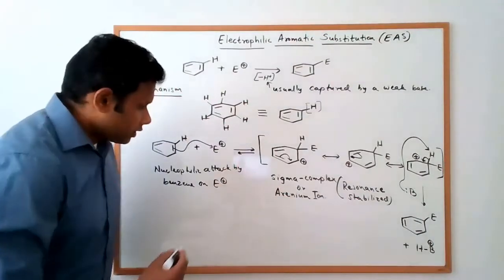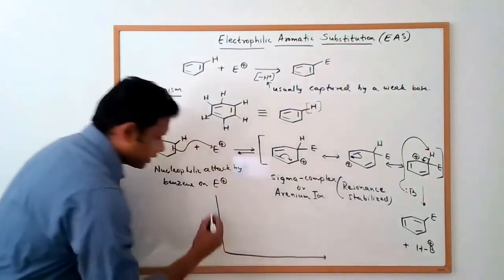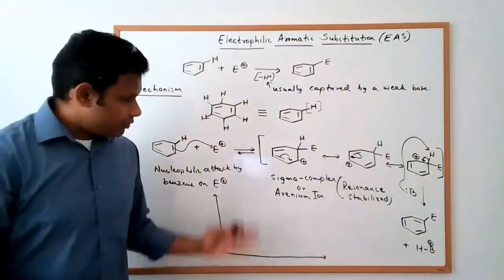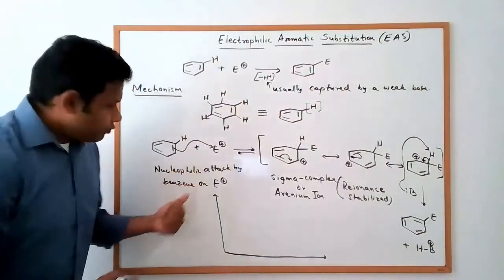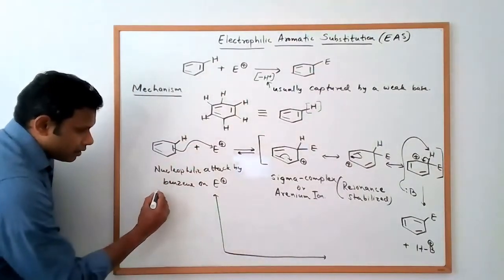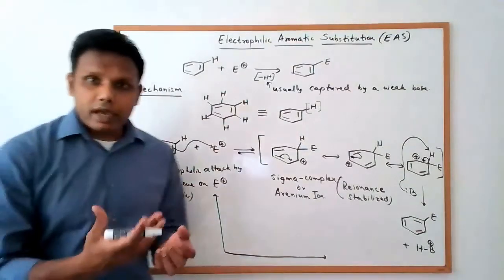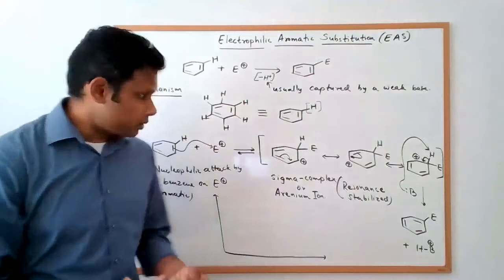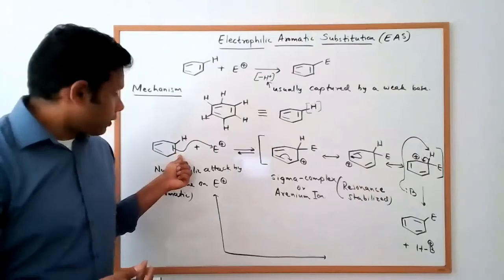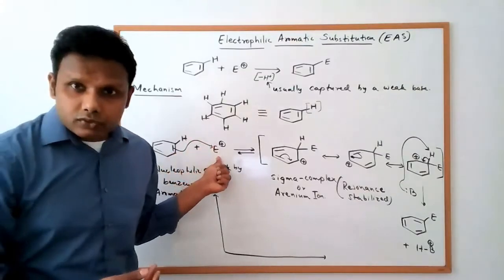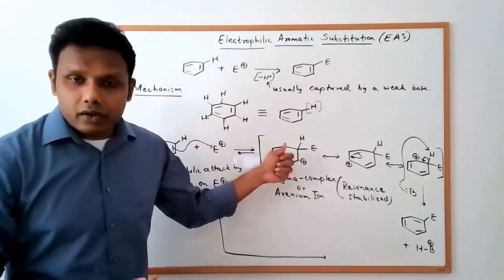Now, some things to recognize here are that if we were to draw a reaction profile diagram for this process, recognize that we are starting with an aromatic compound. Our starting material here is aromatic, and aromatic compounds are stable, very stable. And in the first step, when the aromatic compound attacks the electrophile to generate the sigma complex, we are losing aromaticity here.